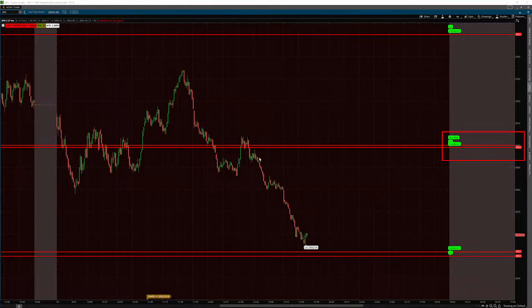And then finally, around 12:30, 12:45, price broke below that level and is now heading for this 3852 combo L3 level and the 3850 L4 level. So those are the next levels in play.